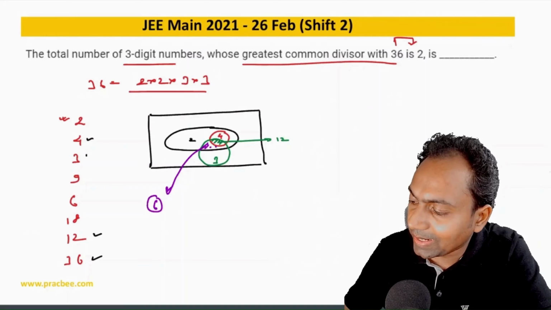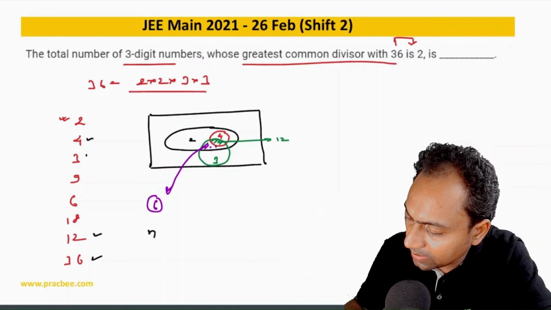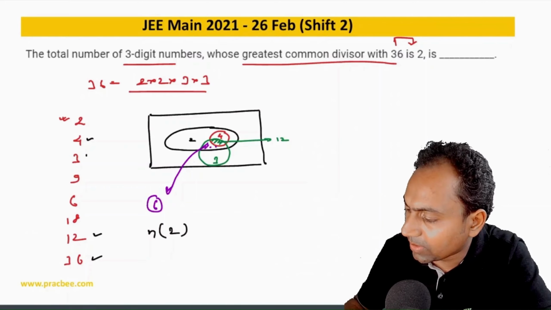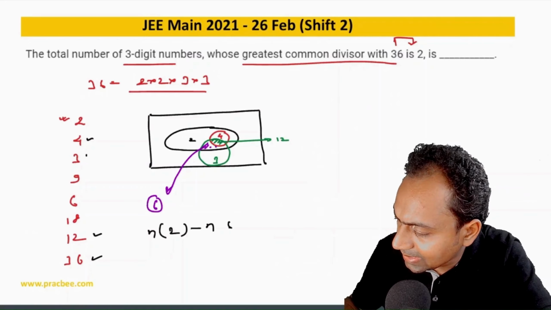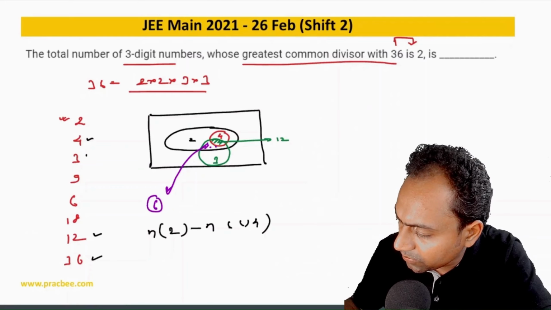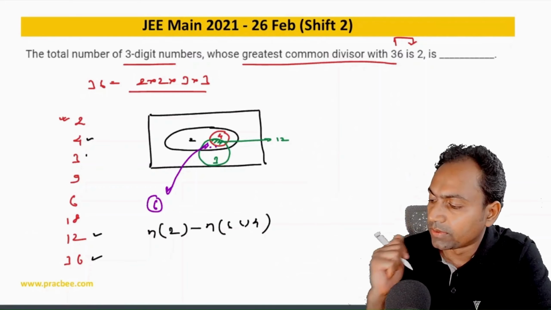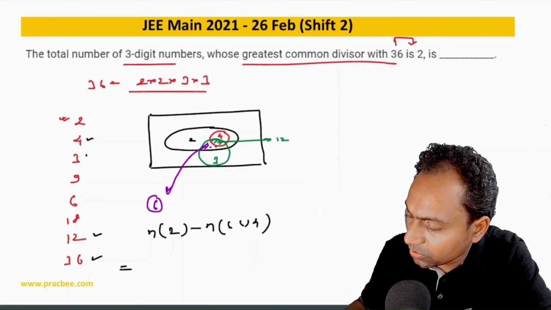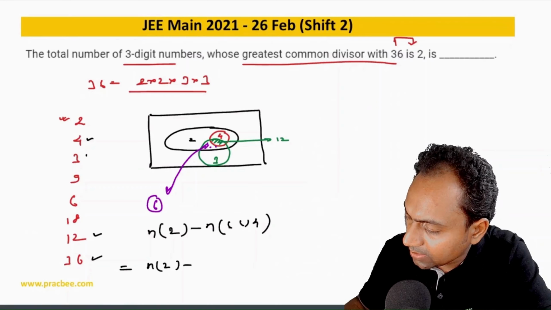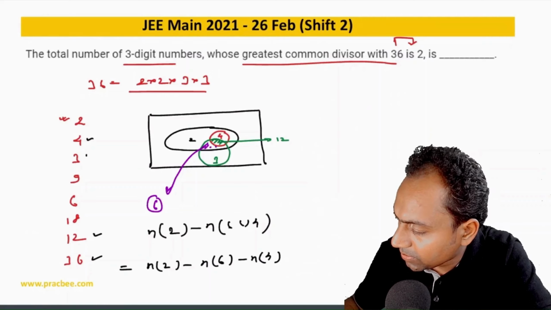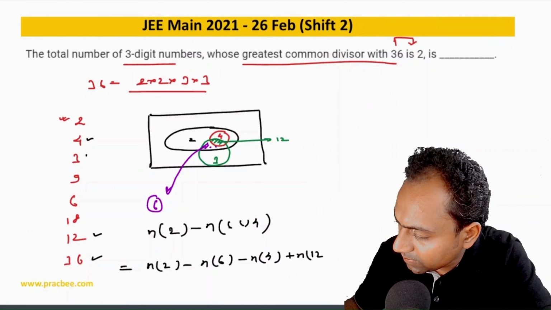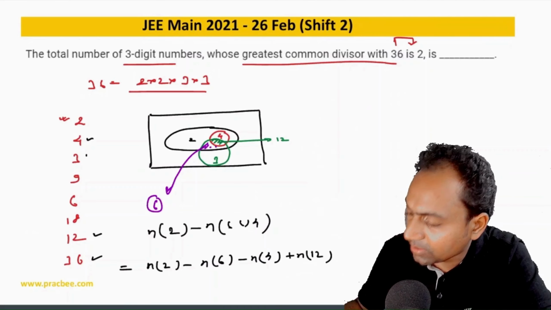So if I write it as a set theory statement, what we need to find is the number of elements of 2 minus the number of elements of 6 union 4. So n of 2 minus n of 6 minus n of 4 plus n of 12, since the intersection of 6 and 4 is nothing but 12.